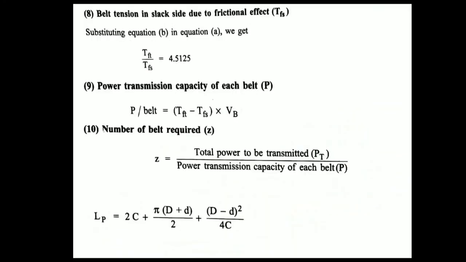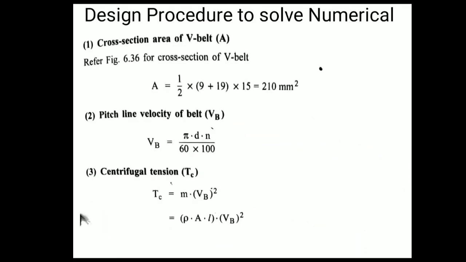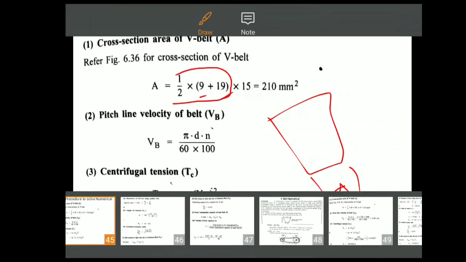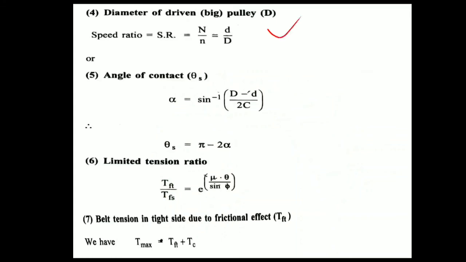So these are the design procedure steps we need to follow for solving V belt drive. Again I will repeat. For the V belt drive cross section we need to take the area, that is half of bottom side plus top side into height. Then pitch line velocity, then centrifugal tension, where m v square changes to rho A L v square, and speed ratio.